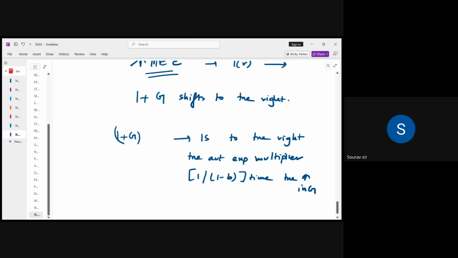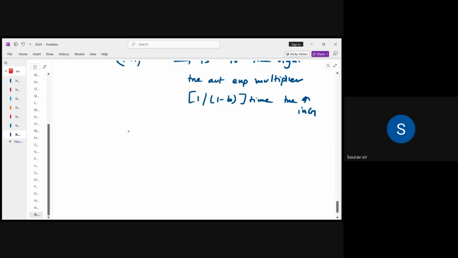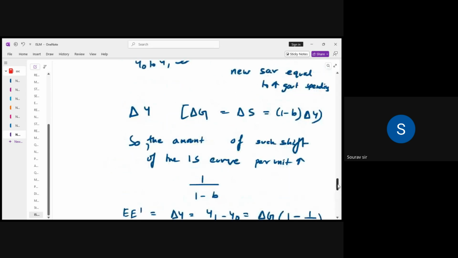Now, if I talk about change in tax, taxes are leakages from the circular flow of income. So if there is an increase in tax, it will shift the S plus T schedule to the left, as you can see in the second diagram which I have drawn for you.